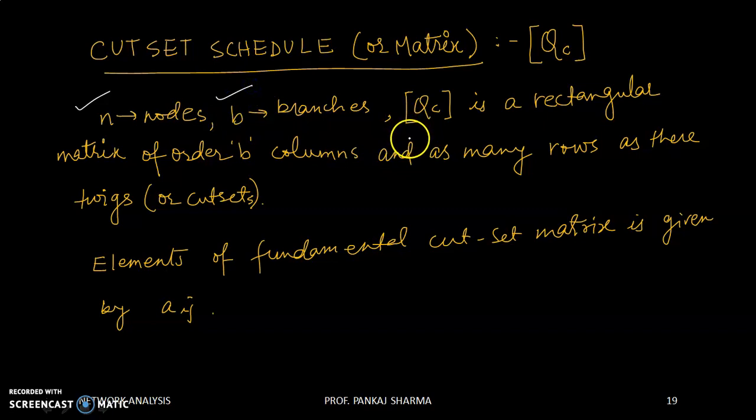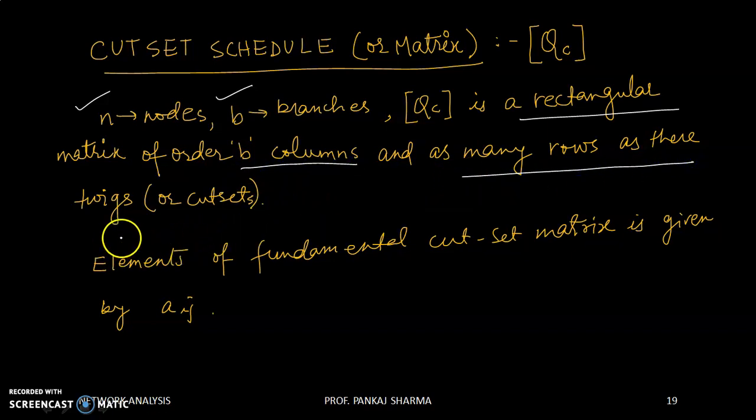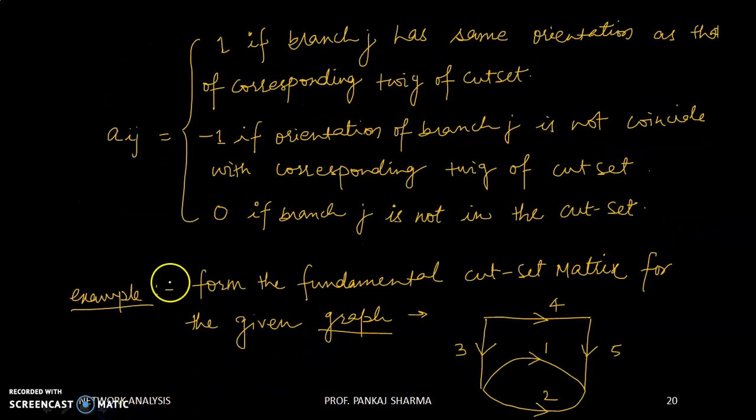Then the cut set schedule or matrix QC is a rectangular matrix of order b columns and as many rows as there are twigs or cut sets. Elements of the fundamental cut set matrix are given by Aij, whose definition is like this.